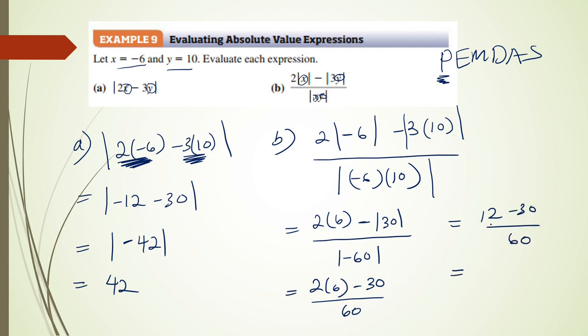And so now 12 minus 30 is equivalent to, the top simplifies to negative 18, and we have 60 on the bottom. Notice that they both share a common factor, so let's divide the top and the bottom by 6. This finally reduces our solution to negative 3 over 10.